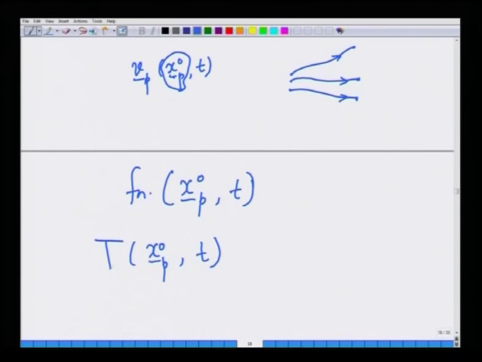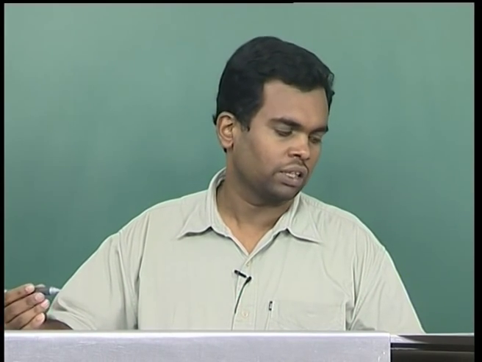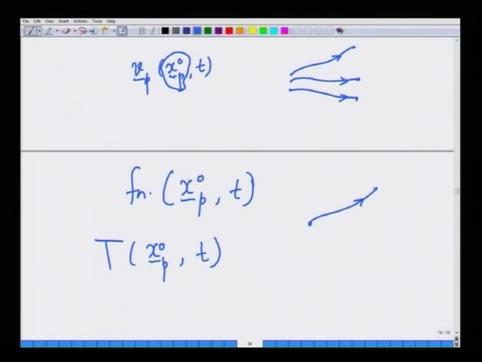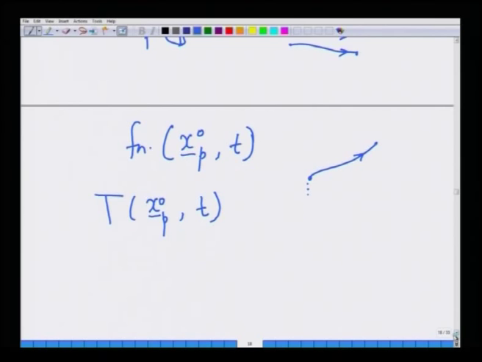This is the temperature of a particle which was at x_p0 at time t equal to 0, at a later time t. Various particles, as they move, will change their properties such as density, temperature, concentration, and velocity, and many other things. But you can describe the change based on their initial coordinates. This is the essential idea behind the Lagrangian description.